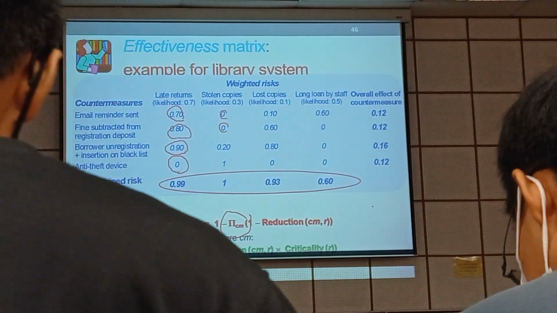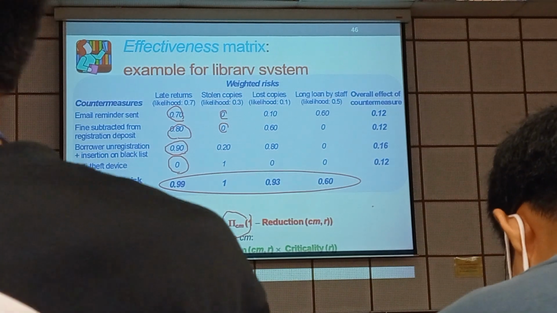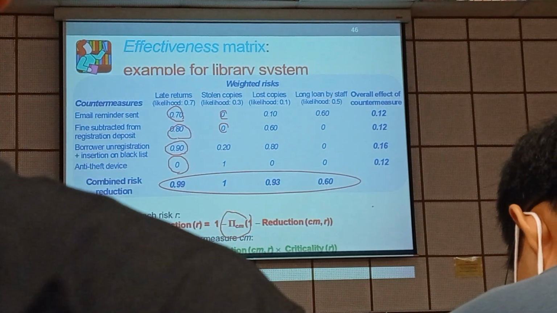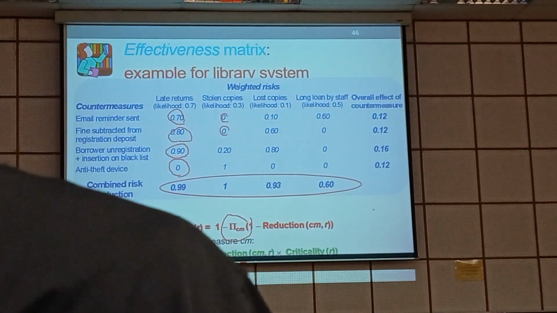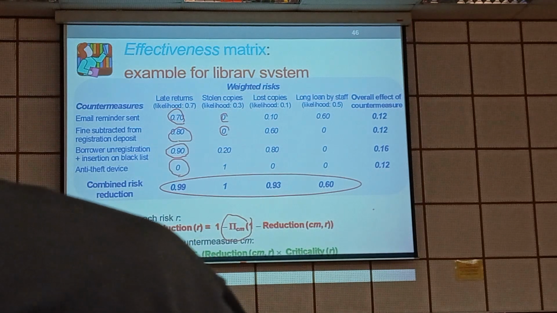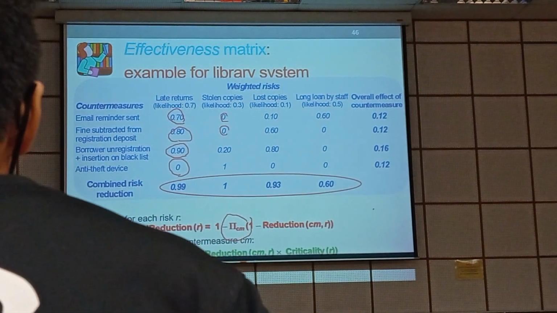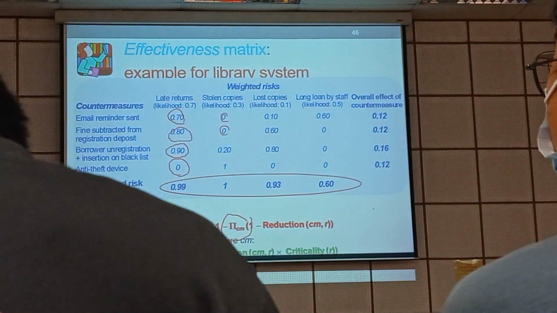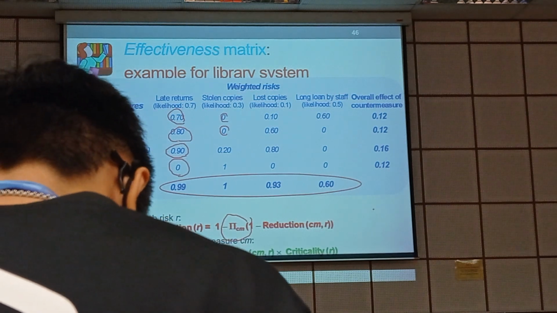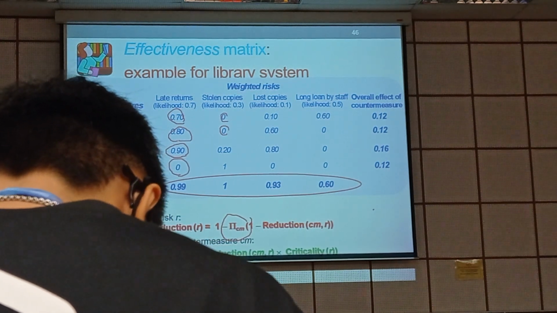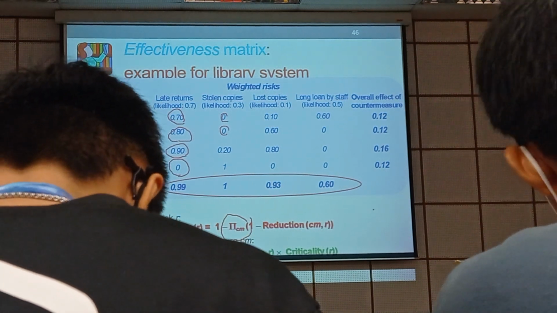Last one. 1 minus 0.7, 1 minus 0.8, 1 minus 0.9, 1 minus 0. So 1, 0.1, 0.2, 0.3. Projection, multiply. What's the answer? Who can tell me? 0.006.